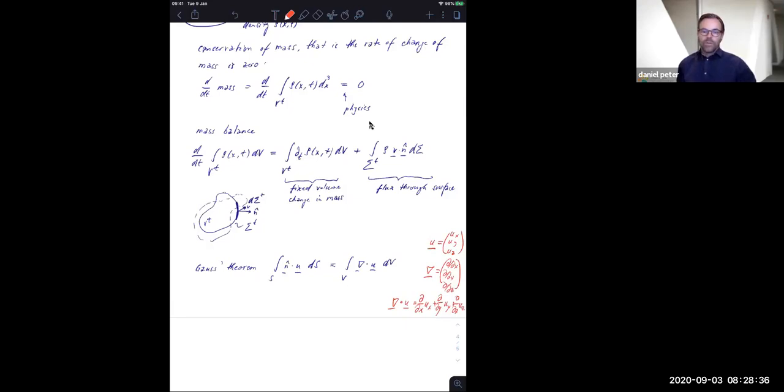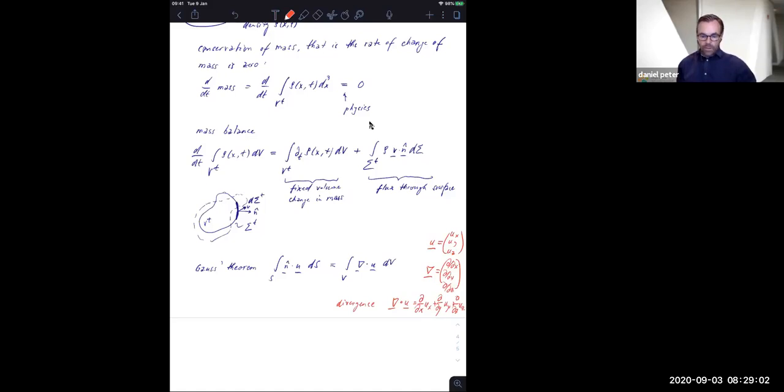So it's a short notation for taking the dot product. And when we take the nabla operator, so this derivative, that's the divergence of u. It's called the divergence of the quantity u, which can be a vector quantity. Is that clear?